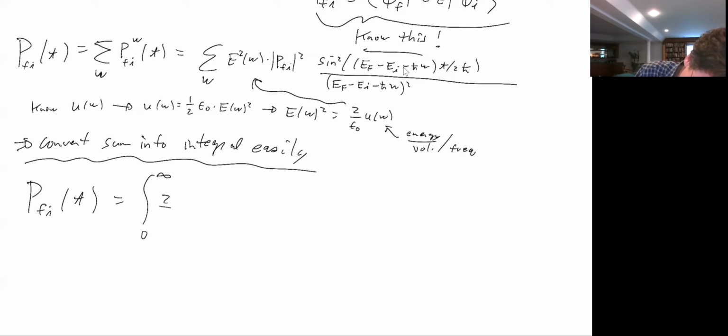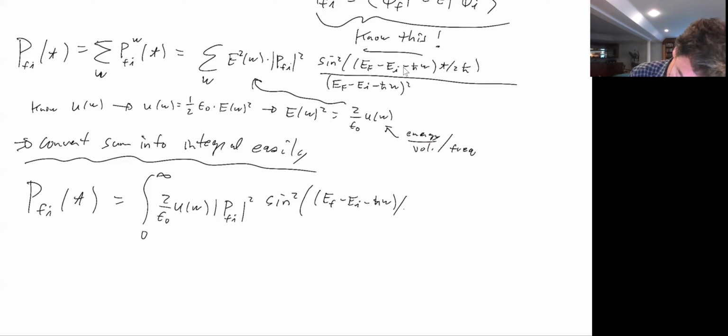I'm going to have 2 over epsilon naught U of omega times P, the dipole matrix element connecting initial and final states, times sine squared of (E_F minus E_I minus h bar omega) times t over 2 h bar, all over (E_F minus E_I minus h bar omega) squared.